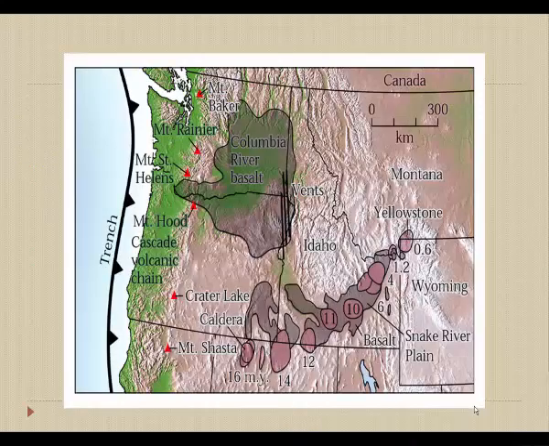So just to give you a little bit more insight about a hotspot, sometimes hotspots occur out in the ocean, like we saw in the case of Hawaii, but we also have hotspots that can occur under pieces of continental material on plates.